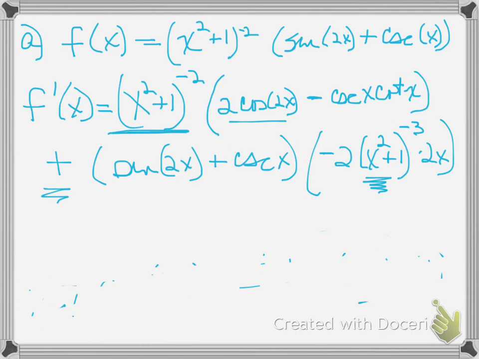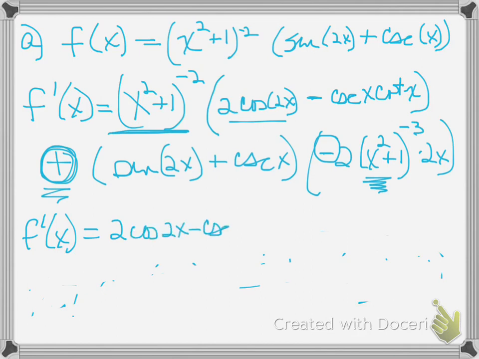So what am I getting for my answer? Well, the negative in front here is going to flip that. Okay? So let's see what I have. I'm going to just write it as neatly as I can. So my first term, I'm going to have 2 cosine 2x minus cosecant x cotangent x, all over x squared plus 1, and that is now squared because I have it in the bottom.